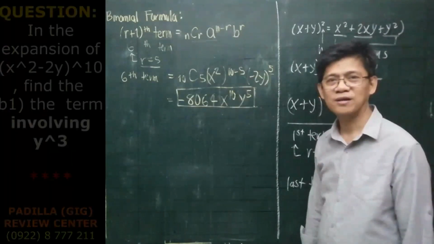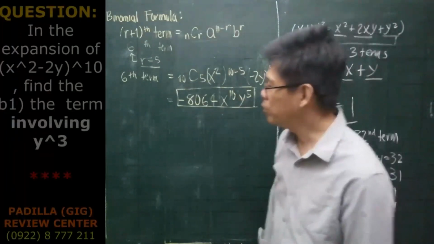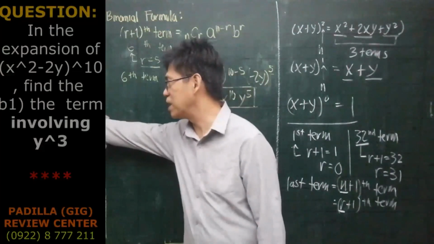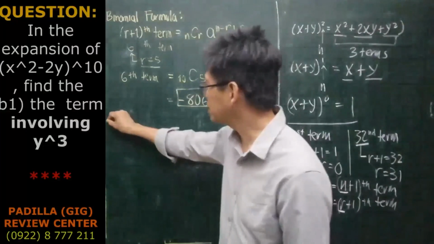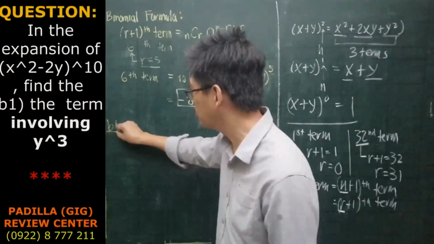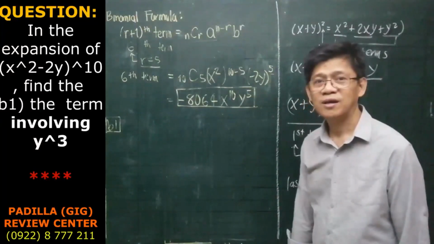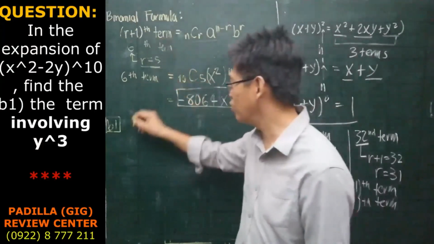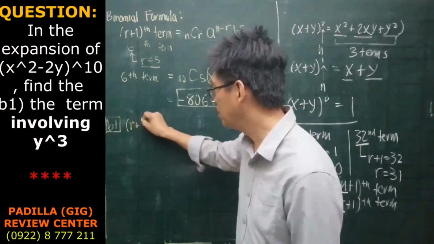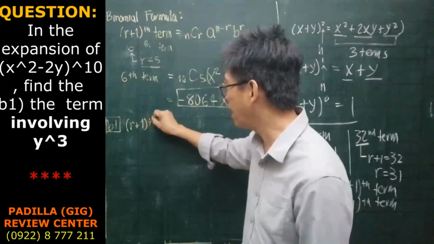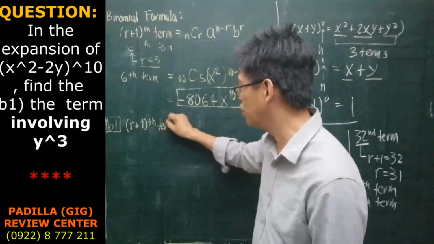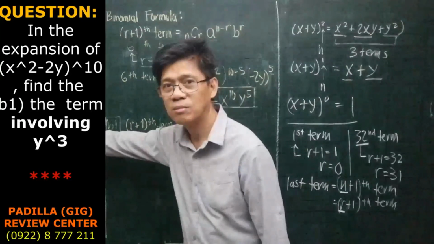You follow? Okay. Now, computing letter B number 1, we're asked here to find the term involving y cubed. So it means computing your r plus 1 term, we do not know yet which term has y cubed.